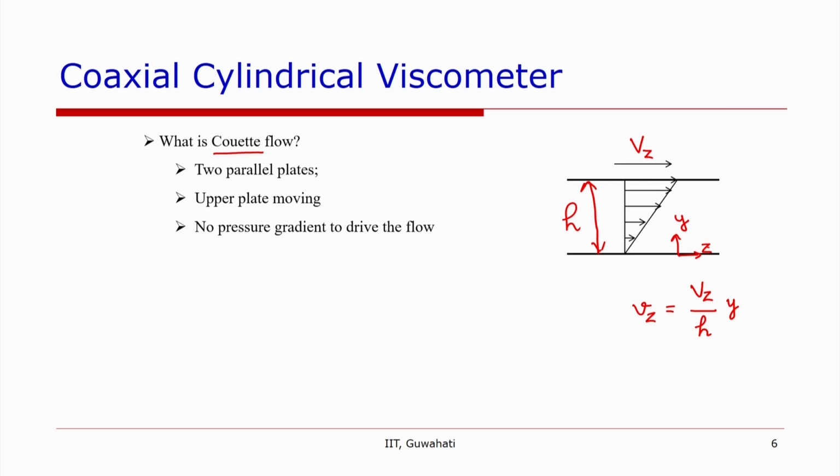So that means Vz is proportional to y, which in turn means that tau is a constant. So in this case, in Couette flow, the shear rate is constant.